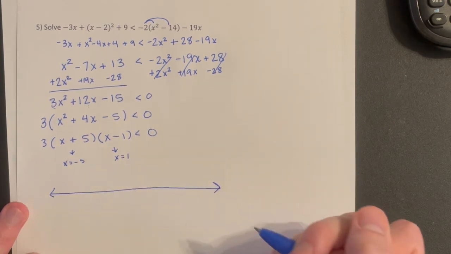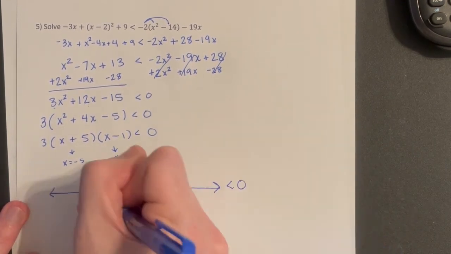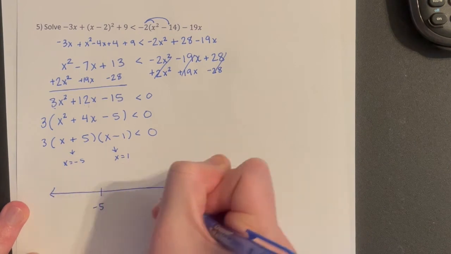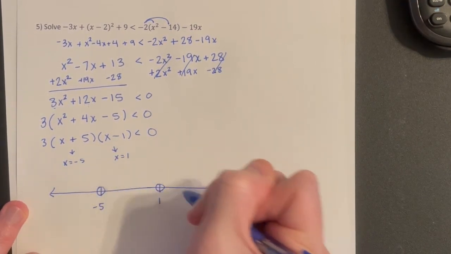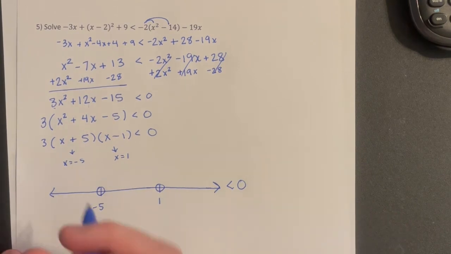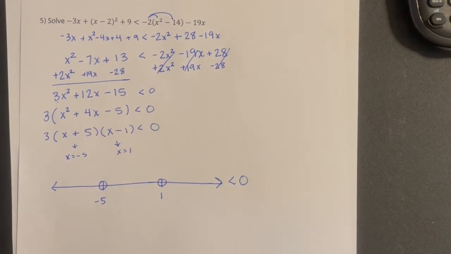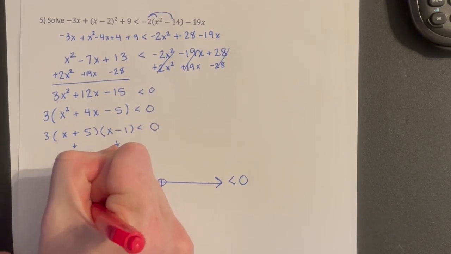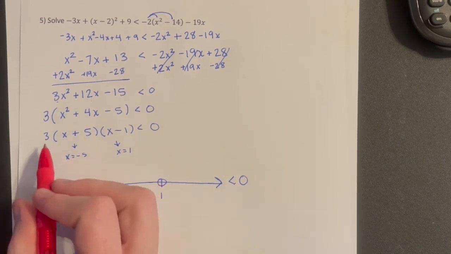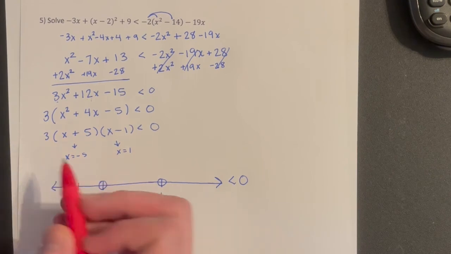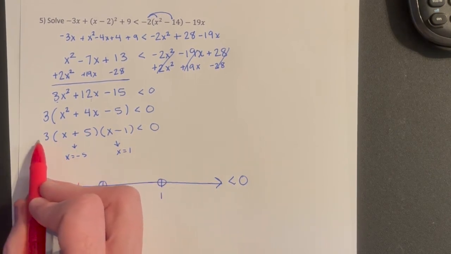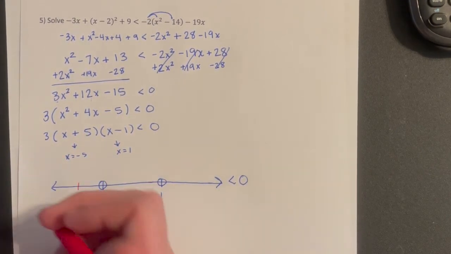We start this the same way we have been doing. So -5 comes first, positive 1, and I need open circles. If I do my sign analysis, I pick a value to the left of -5, like -6. When you do this, you still need to consider what was that greatest common factor, because if that had been negative, that's going to impact our sign analysis as well.